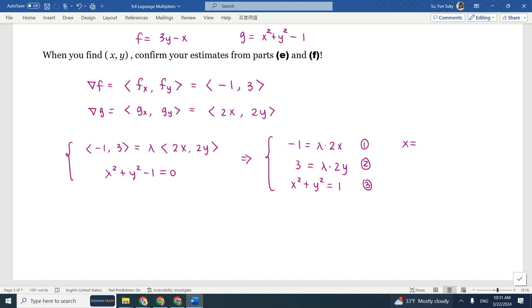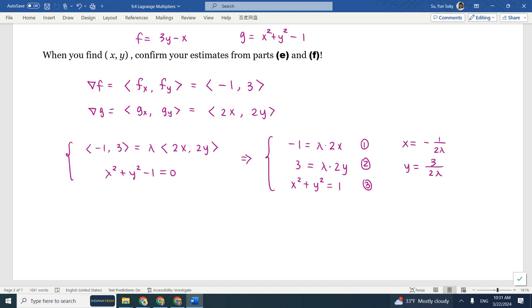Okay, so we express x in terms of lambda. So x is what? -1 over 2 lambda, right? We divide both sides by 2 lambda. And how about y? 3 over 2 lambda.